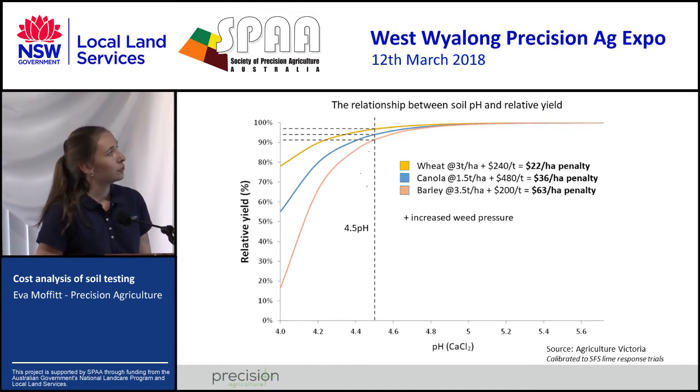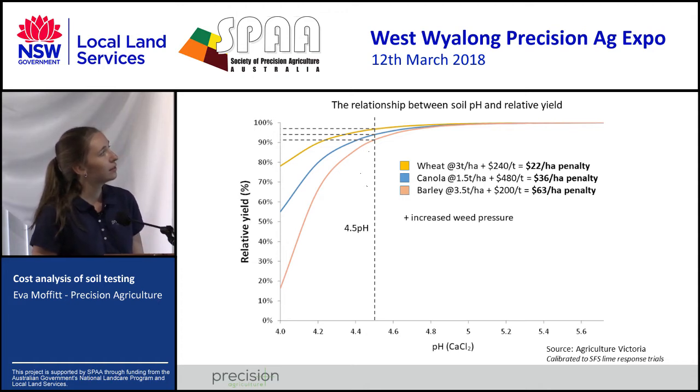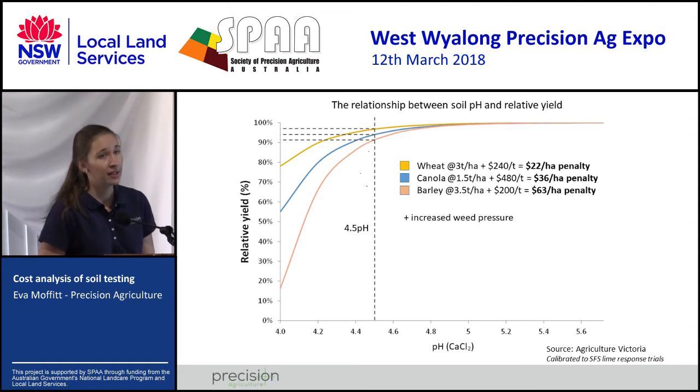Canola being slightly more sensitive, we're getting maybe 6% penalty, which is equating through to $36 per hectare. Barley being more sensitive again, we're getting maybe 9% yield penalty, which is going through to $63 per hectare, so it's starting to add up.